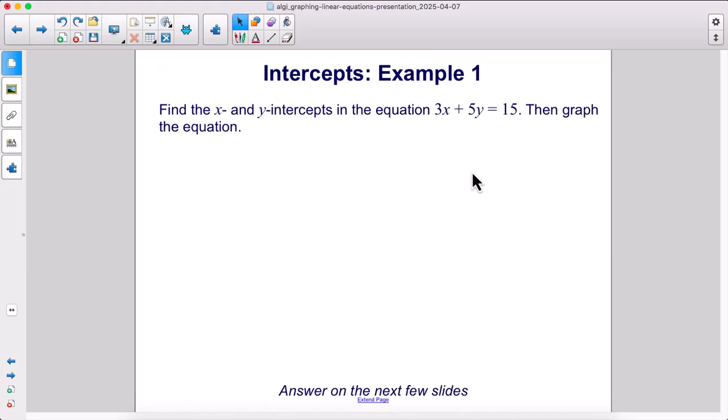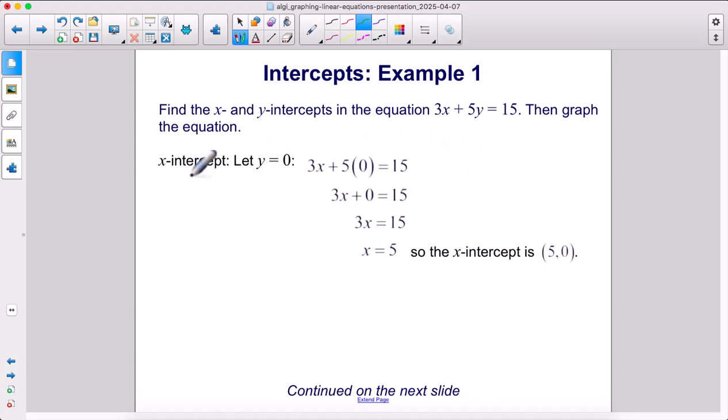Find the x and y intercepts in the equation 3x plus 5y equals 15. Then graph the equation. To find the x-intercept, we're going to let y equal 0. If we do that, this term goes away. We have 3x equals 15, divide both sides by 3, and therefore the x-intercept is 5, 0.